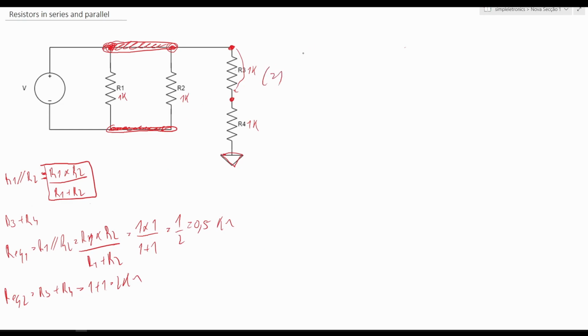So we will have this circuit over here, with R equivalent 1. Let's say that this is ground. It's not explicit, but I will say that this over here is ground.